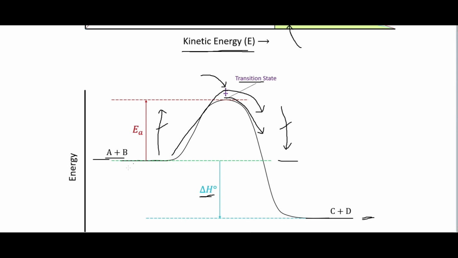If the transition state was up here, we'd need more activation energy. If it was down here, we'd need less activation energy. And you may remember, for instance, from general chemistry, if you put a catalyst in there, that's actually lowering the activation energy by making the transition state more stable. So it helps stabilize the transition state and lower the activation energy.